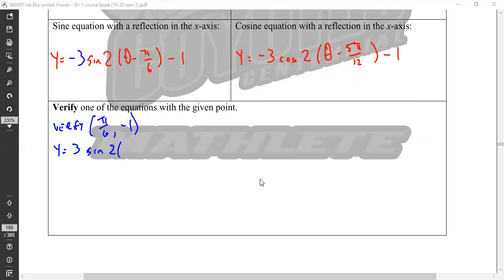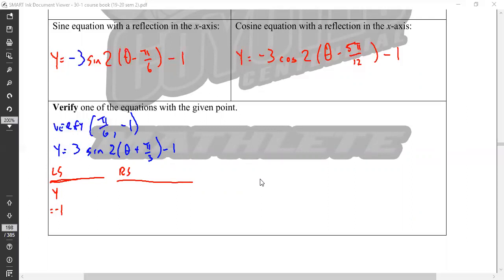y equals 3 sine of 2 theta plus pi thirds, minus 1. When we do a verify, and we're going to start to see this when we do trig equations, we need to break this apart into the left side and the right side. The left side is just y, and it's equal to -1.